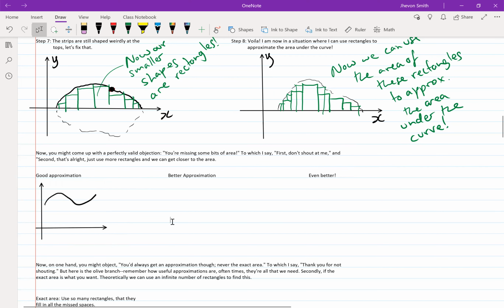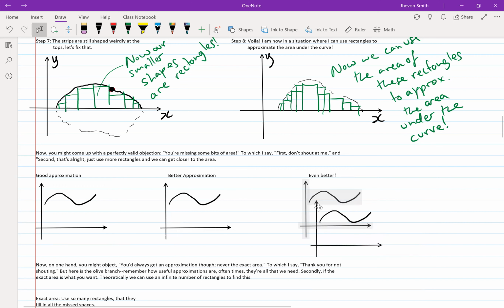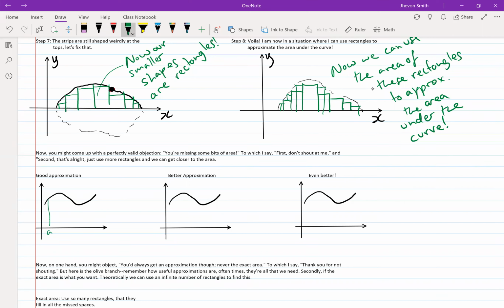Let's say we want to find the area under this thing on some interval AB, which we'll make a little bit more precise. And I can use, boom, two big rectangles under this thing. And the area of these is what I'm going to use to judge as the area under this curve right here, right? And so you might say, well, look at all this area that you miss here.